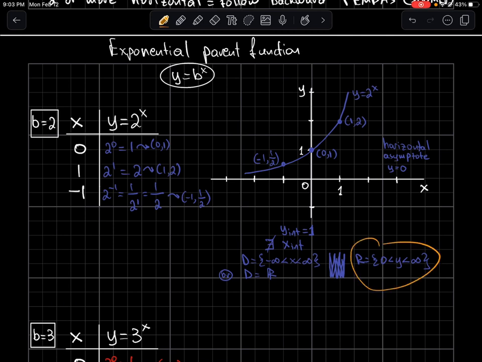What about the range? Here we're going to write the range. To find the range, we have to project, but not on the x-axis, on the y-axis, because the range is the set of our outputs, which are the y-coordinates, and those are on the y-axis. So let's start projecting.